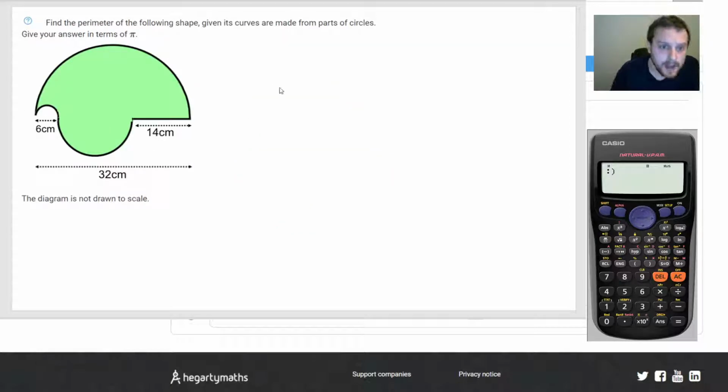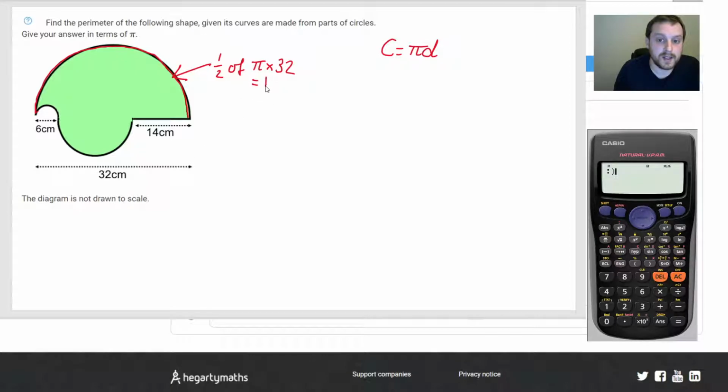Right, this one. Perimeter, so we've got half a circumference up here. So half of a circumference is a half of pi times 32. I'm using this formula here, c equals pi d, and the diameter for that part is 32.